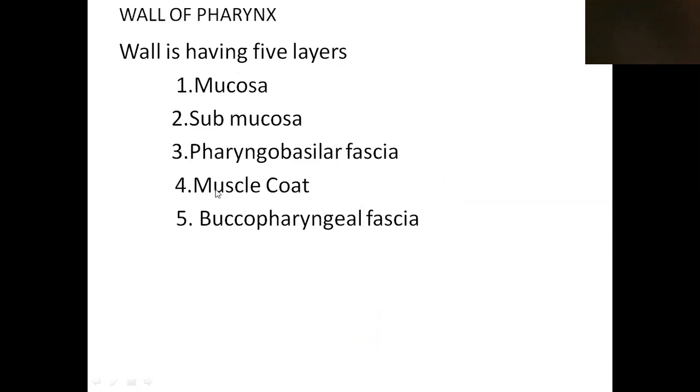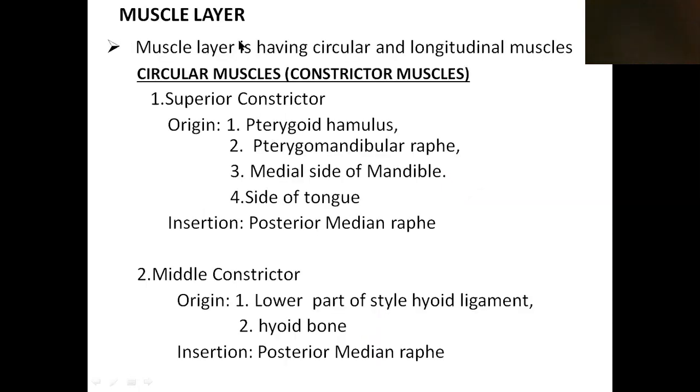We have to go through the muscle layer in detail. In the muscle layer, two types of muscles are there: circular muscles and longitudinal muscles. These circular muscles are otherwise known as constrictor muscles. What are the constrictor muscles?